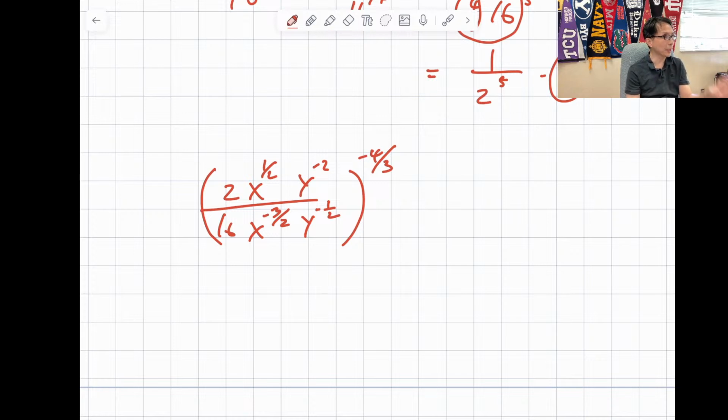Panda's gonna tell you do inside the parenthesis first. Which rule should you do first? No, you don't do the outside power. Parentheses happen first.